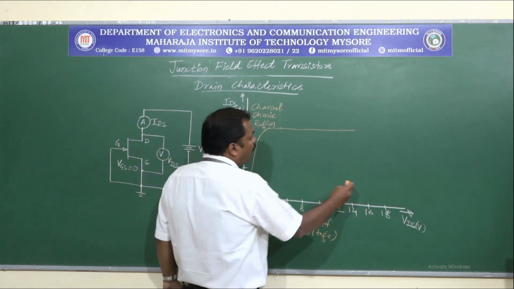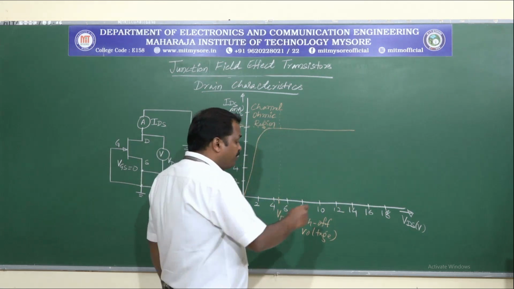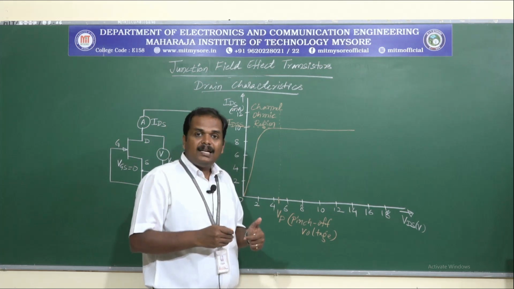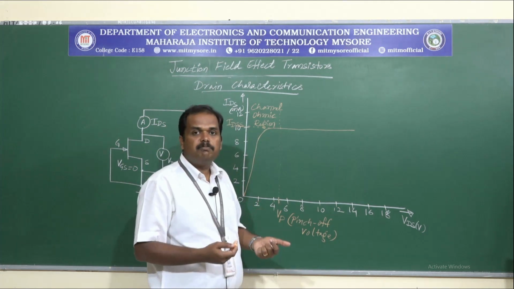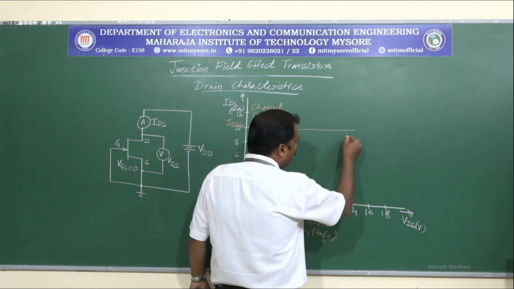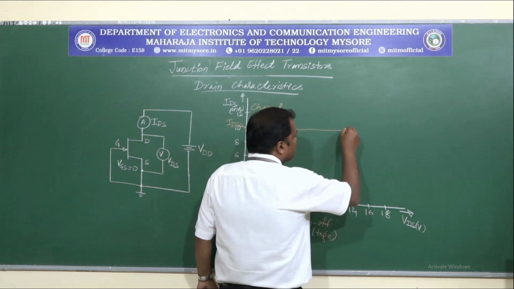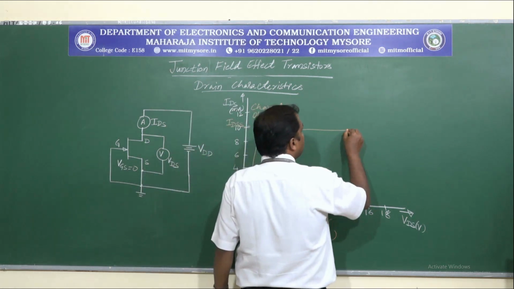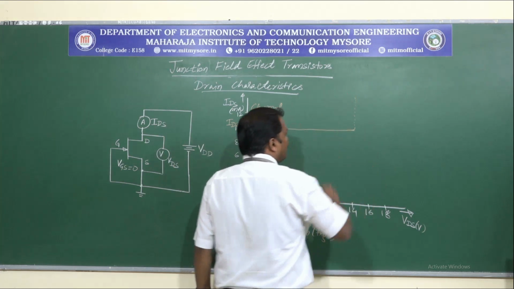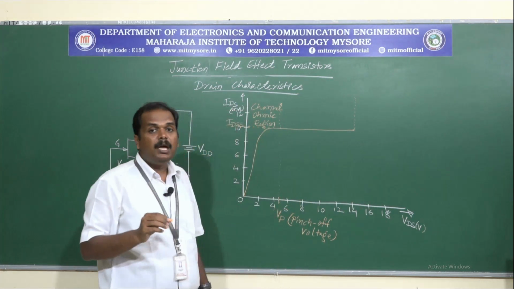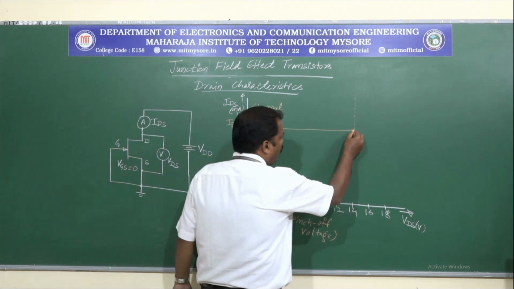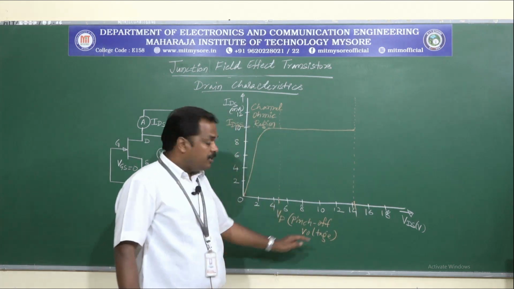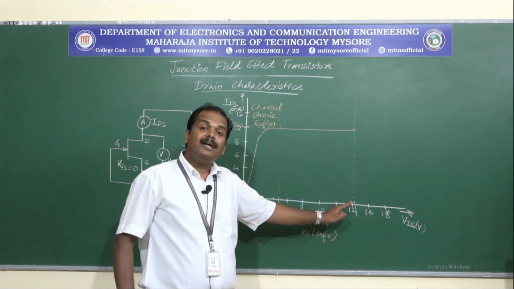Now if I go on increasing VDS further, this will cause the device to break down. Beyond this point the device breaks down and there will be a sudden increase in the current, and the device is said to be in the breakdown region. The voltage at which the breakdown occurs will be called the breakdown voltage.